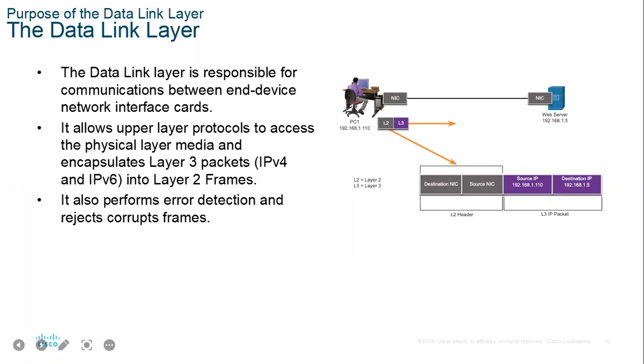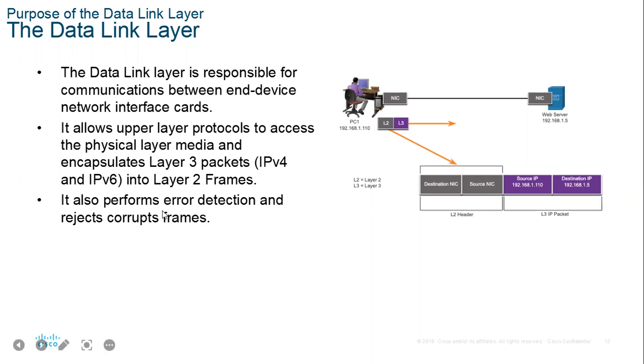The upper layer is the network layer, which is layer 3, and the layer before layer 2 is layer 1, the physical layer. So layer 2 is in between layer 1 and layer 3, and it allows communication between both of them.